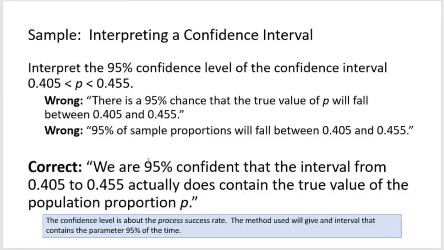So always just say that you're 95% confident. It is relating to your confidence that it's in there, not the possibility that it's in there, but the confidence that it's in there. Confidence interval is how confident you are. And I have a little note here. That's because it's about your process working. The method is about, are you sure you did it right? Well, I'm 95% sure that this will hold it.